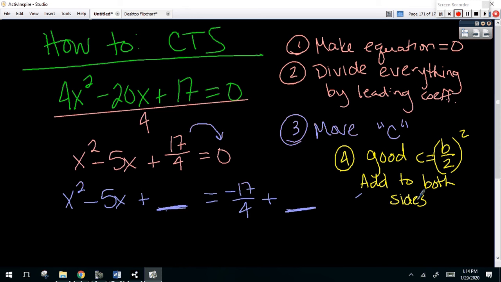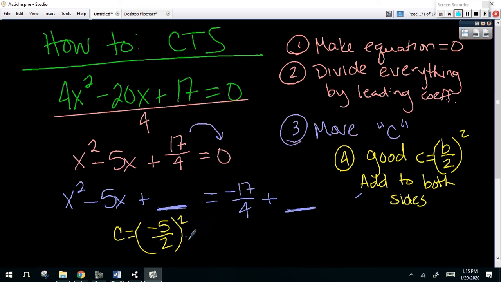I could have picked an easier first example. I apologize. None of the Algebra 2 concepts in here are easy examples. B is -5, right? All right, so my good C is going to be -5 divided by 2 and squared.